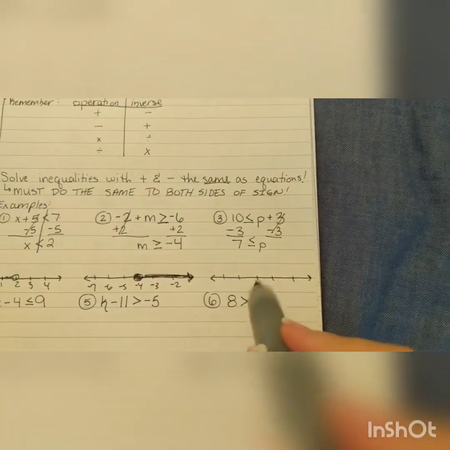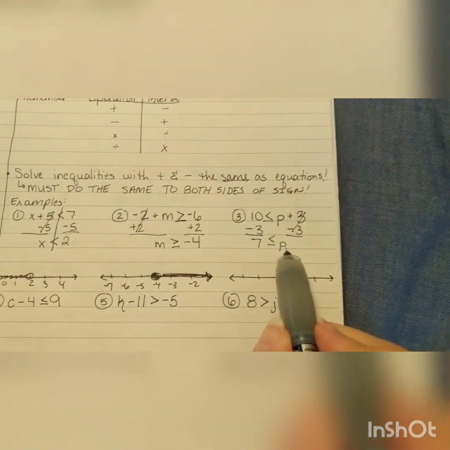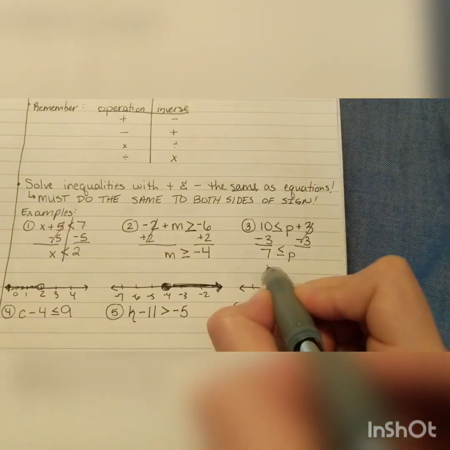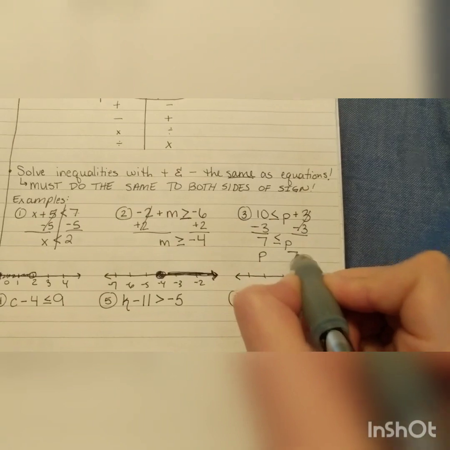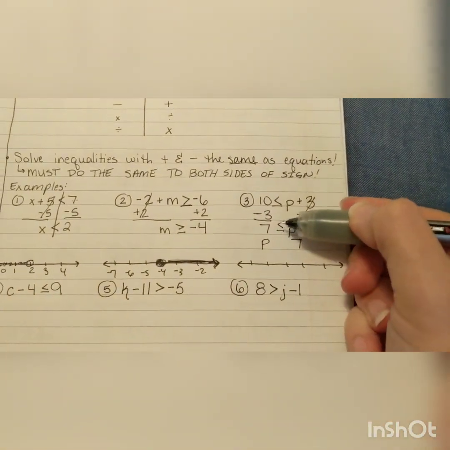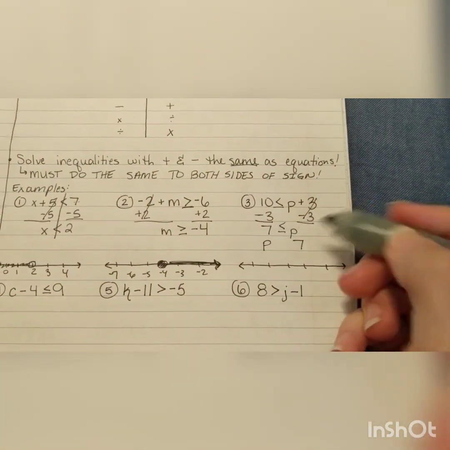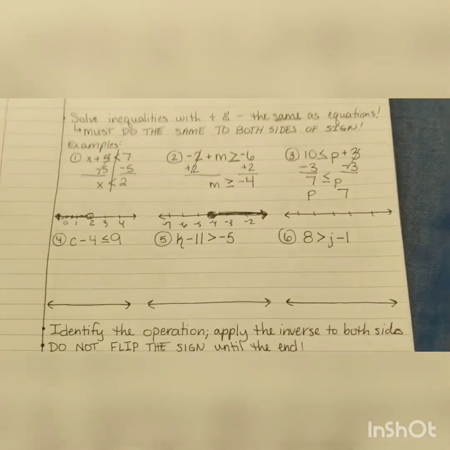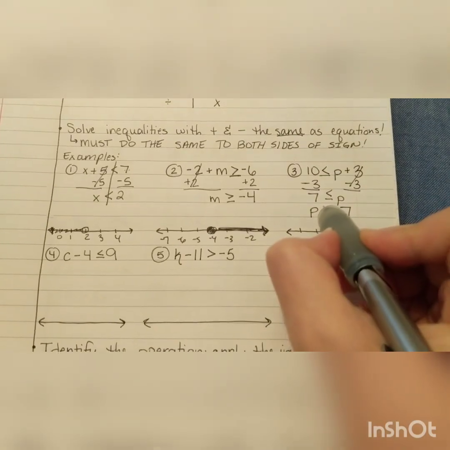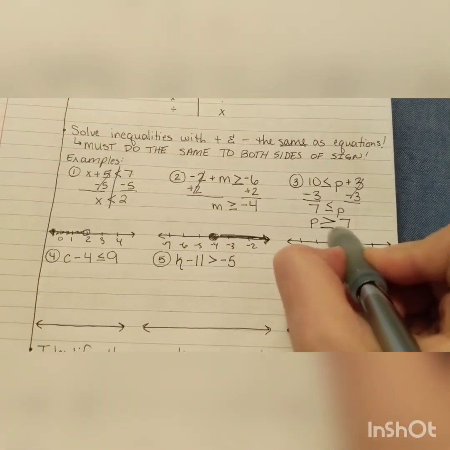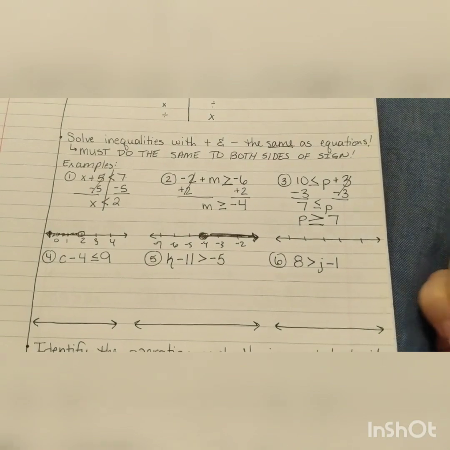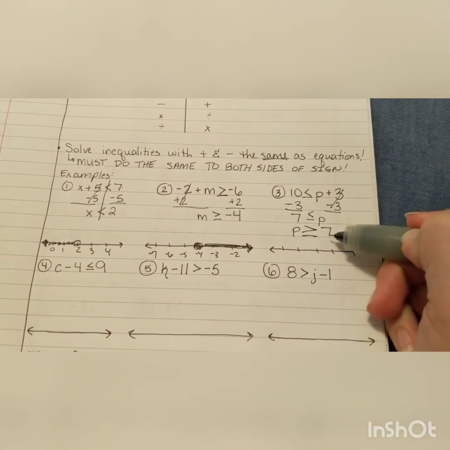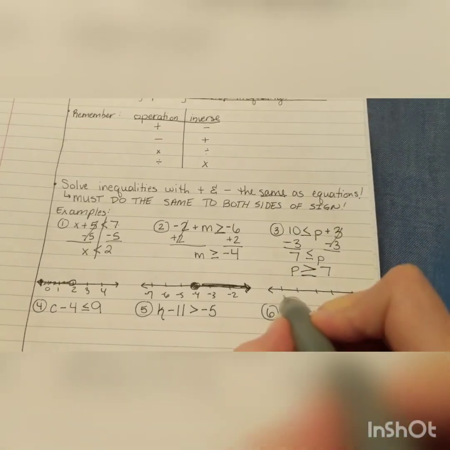And I kept referring back to this pattern of having your variable on the left and your number on the right. So if I'm going to flip this whole inequality, my inequality is pointing to my 7, or you can think about that alligator eating the P. So if I flip this entire inequality, my alligator still has to be open eating the P. Or I think of it as pointing at the 7; if it flips, it still has to point to the 7.